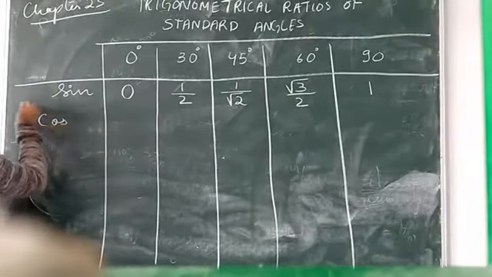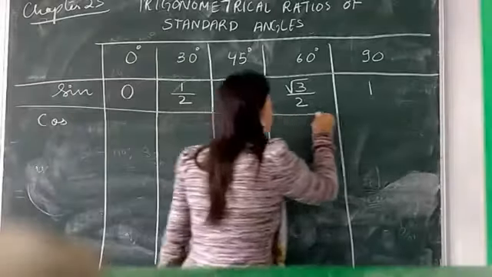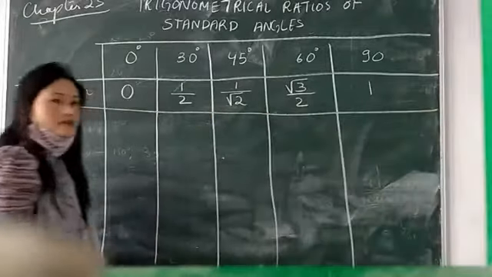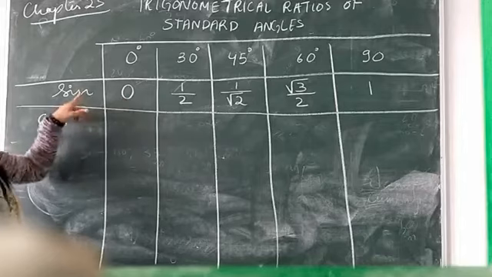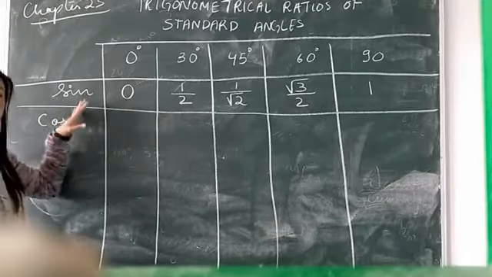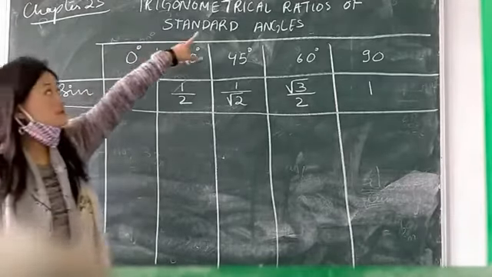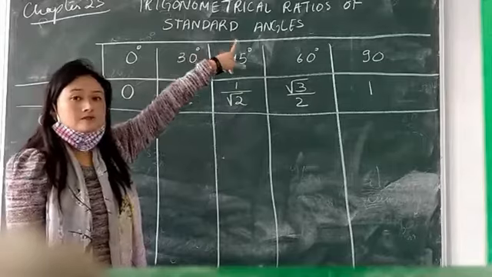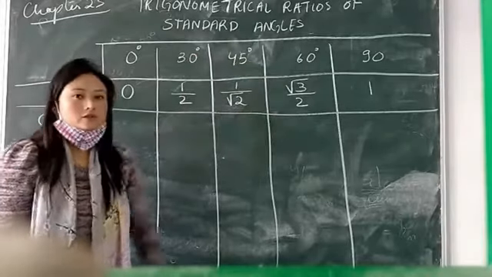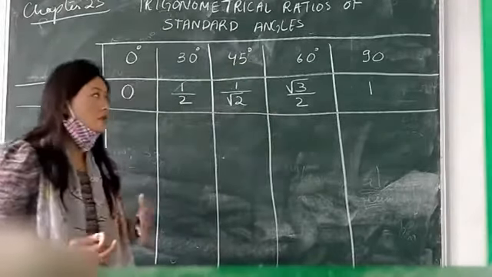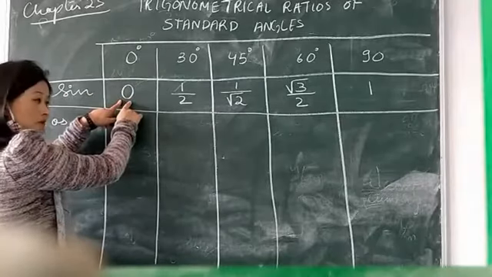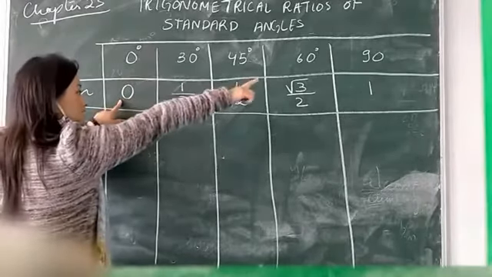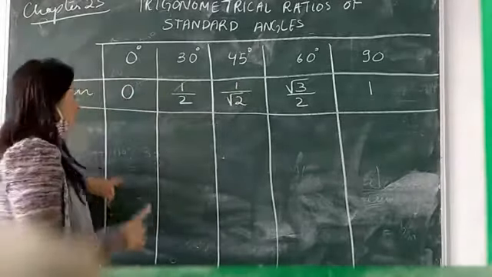Now, the second trigonometrical ratio that we're going to take is cos. Okay, so cos and sine are reciprocal when we talk about trigonometrical ratios of standard angles. They are reciprocal, which means they are just the opposite. So sine 0 degree is 0, sine 90 degree is 1.